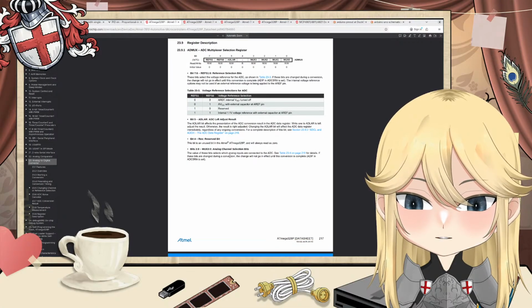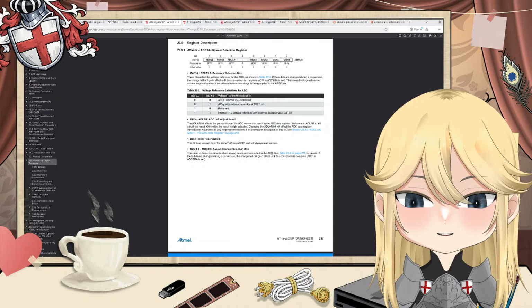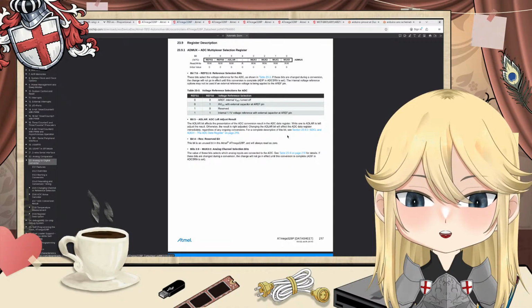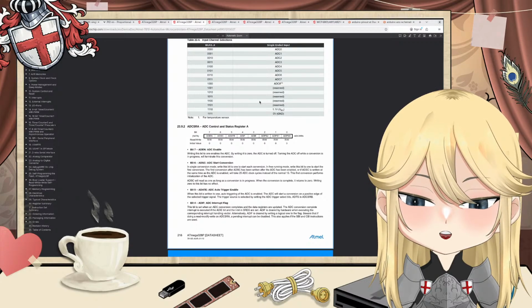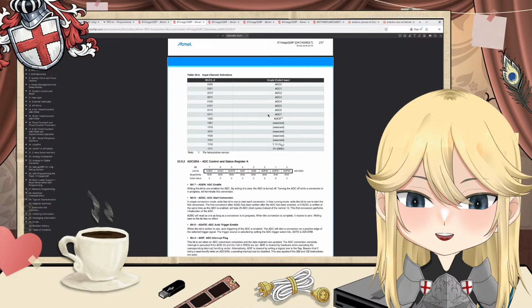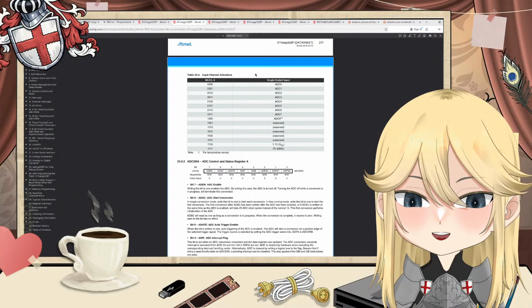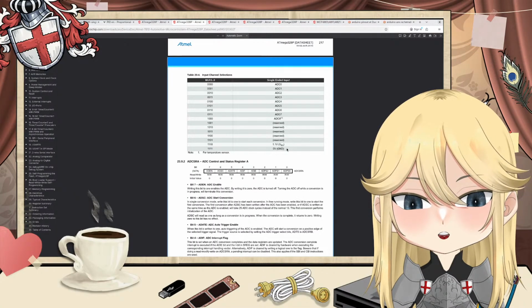Analog channel selection bits. The value of these bits select which analog inputs are connected to the ADC. See this table for details. What the fuck? Why can I set them to ground? Oh, no, actually that makes sense.